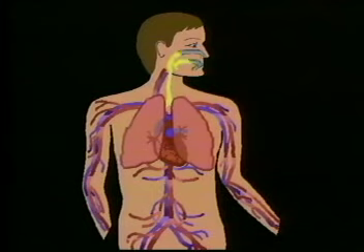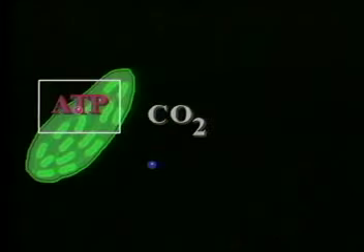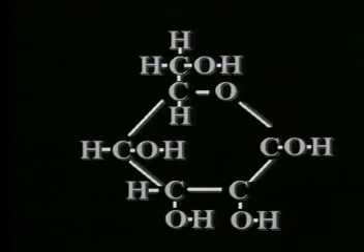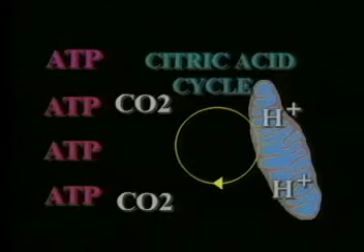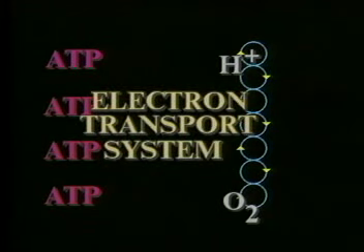In animals, including human beings, the carbon dioxide will pass out of the cell and eventually out of the body. But in our imaginary plant cell, this carbon dioxide may be used again in photosynthesis to form more glucose. Next, the hydrogen created during the citric acid cycle is delivered to the inner membranes of the mitochondria, where it enters a final series of reactions called the electron transport system.